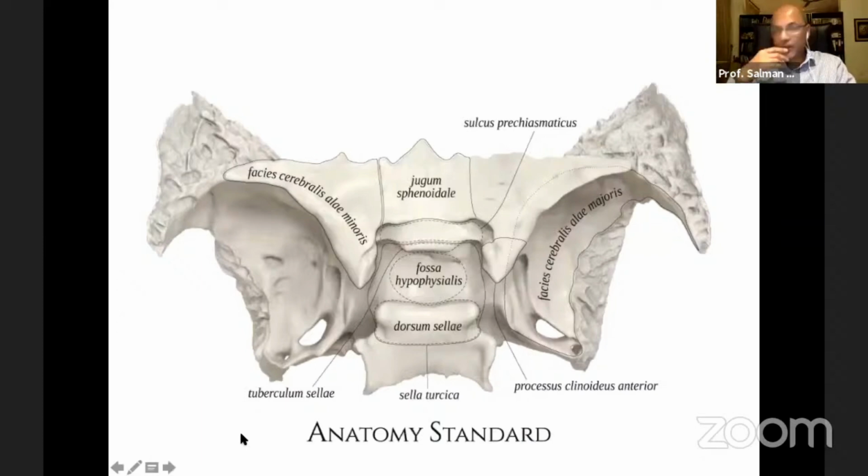If you're seeing the bone from the superior aspect, we can see there is the jugum sphenoidale, and then obviously the tuberculum sellae, and the fossa hypophysialis just behind that, and the dorsum sellae behind that. Obviously, the dorsum sellae continues into the two posterior clinoid processes, whereas the tuberculum sellae continues into the anterior clinoid processes.